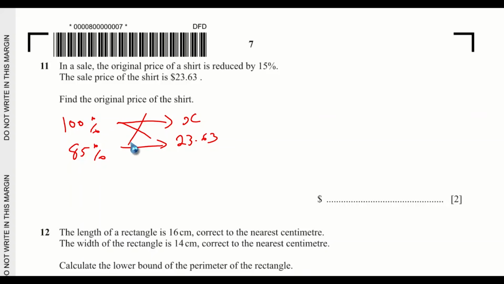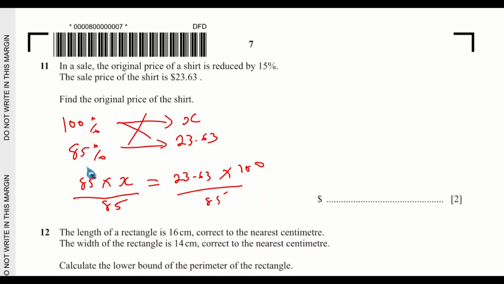So let's cross multiply. If you cross multiply, we have 85 by X equals 23.63 by 100. So we divide both sides by 85. So this will eliminate this now, so we are left with only X here. Okay, good.